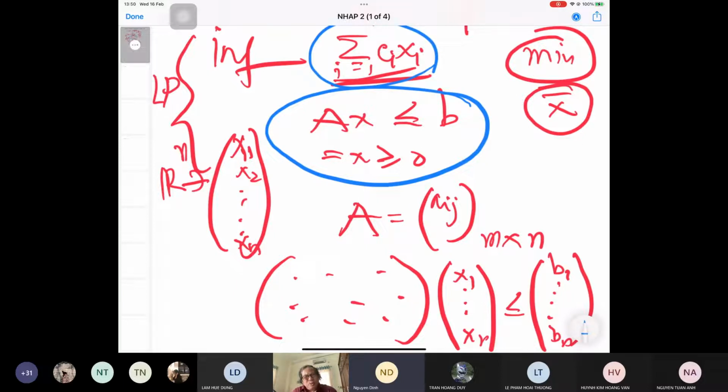In the solution you make a decision to find x bar so that this attains the minimum, and this is a decision making problem.